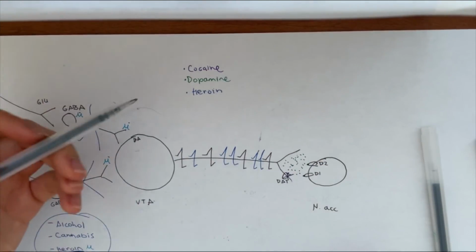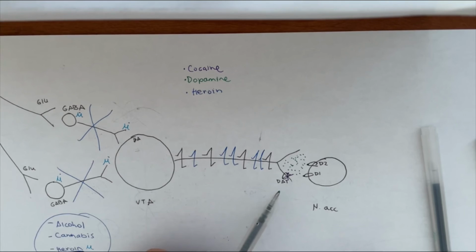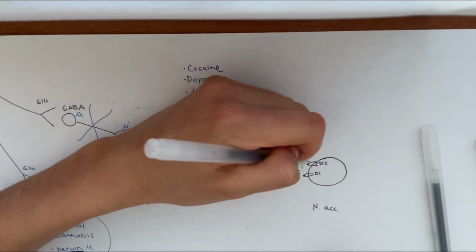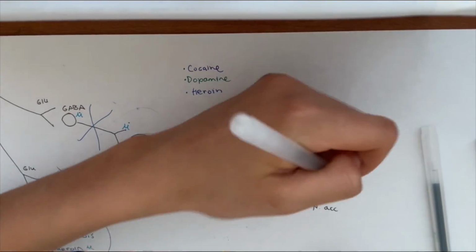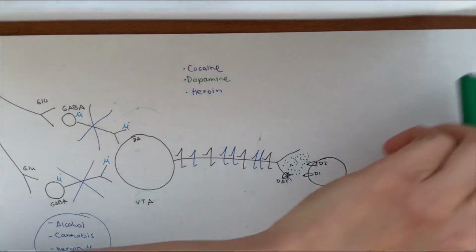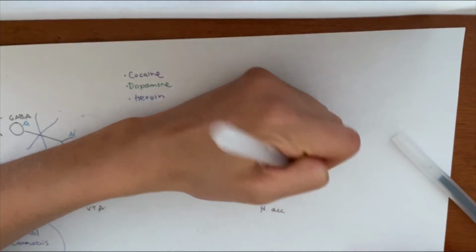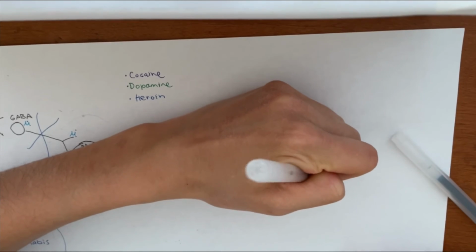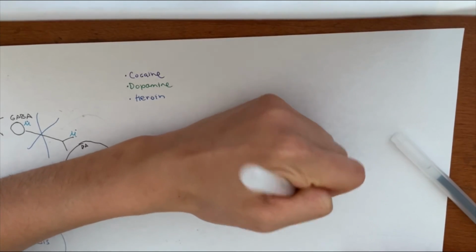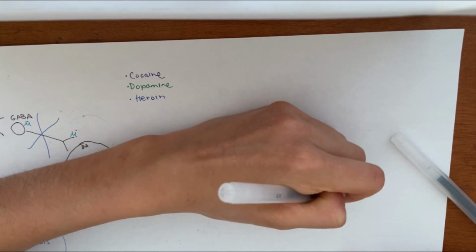And obviously with cocaine, you have your dopamine transporters not working. So you'll have a lot more dopamine, and all that dopamine will be built up in the synapse for a long period of time. And then from there, you will get an increase in that reward and an increase in that euphoria.